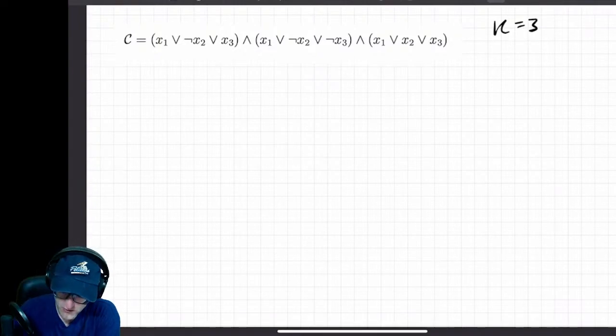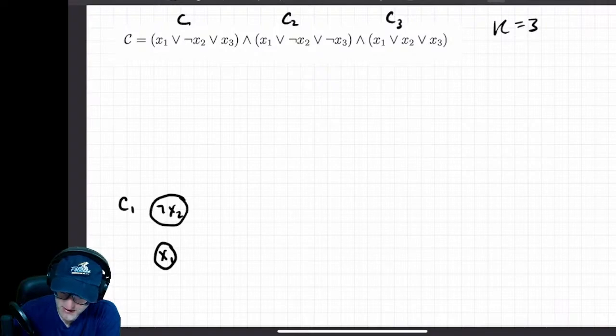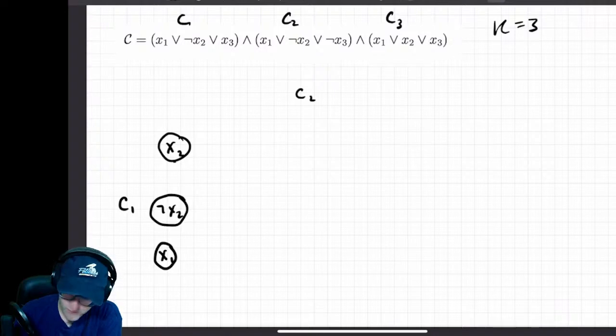So I'm going to go ahead and look at clause C1 over here, C2. Let me label them so that you don't lose them. C1 over here is going to have 3 vertices. x1, negation of x2. I'm just labeling them so that you see how this map works. C2 will have x1. Remember, it's repeated. Even though x1 was over here, it's going to be repeated over here.